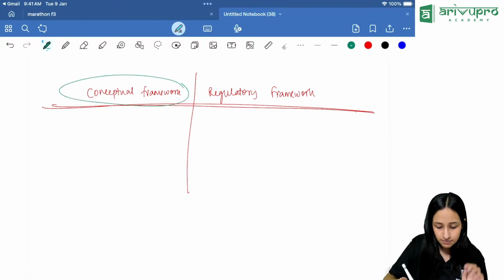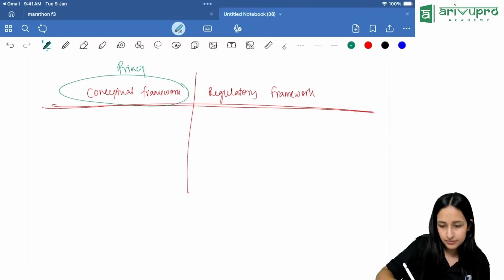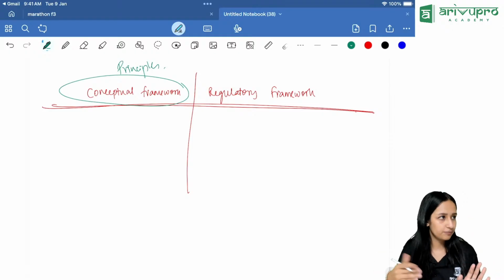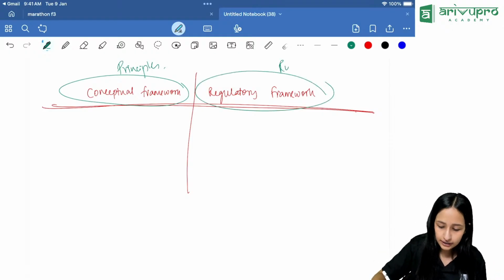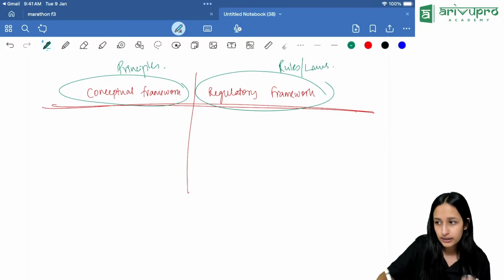Conceptual framework are the principles that help us go in the right direction. Regulatory framework are the rules or laws that we need to follow.